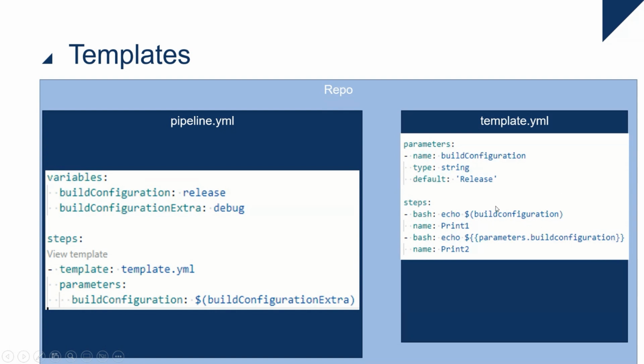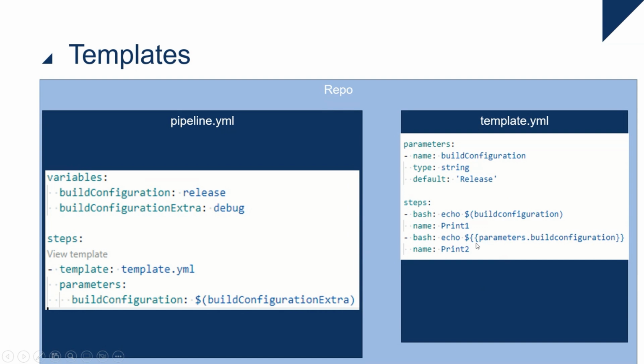And it's really important that if you build templates, you try to use as much as possible those compile time parameters. And why is that? Well, right here I have a variable called build configuration, which will indicate that everyone who is using this template needs to define that build configuration variable, and that's something you cannot ask.